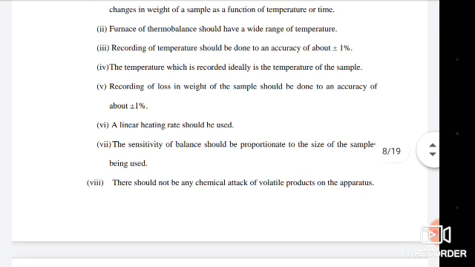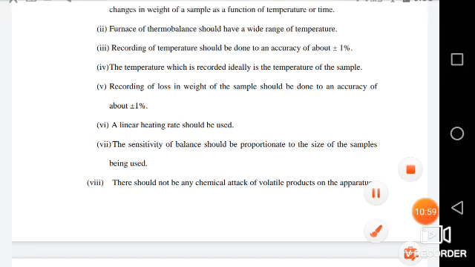The temperature which is recorded ideally is the temperature of the sample. The recording of the loss in weight of the sample should be done to an accuracy of about 1%. A linear heating rate should be used.